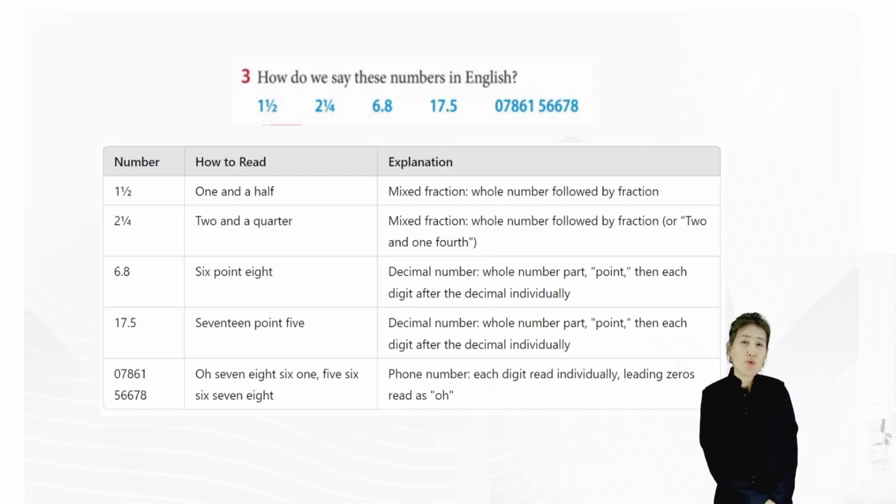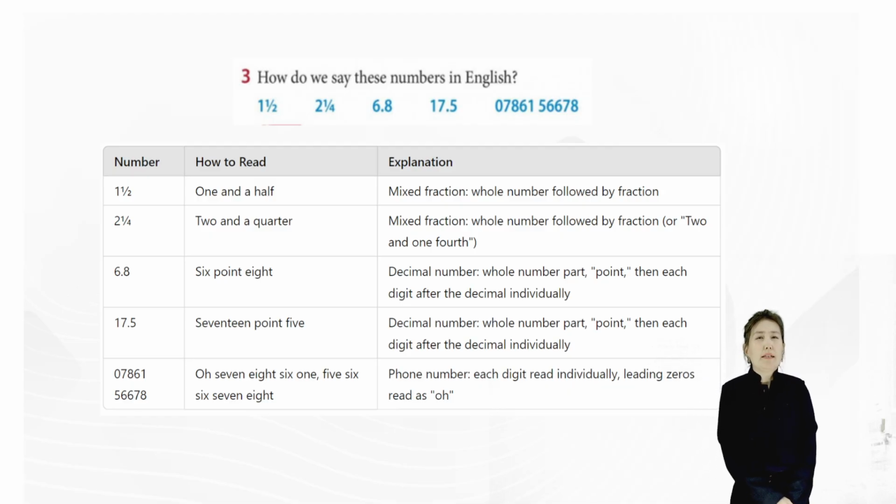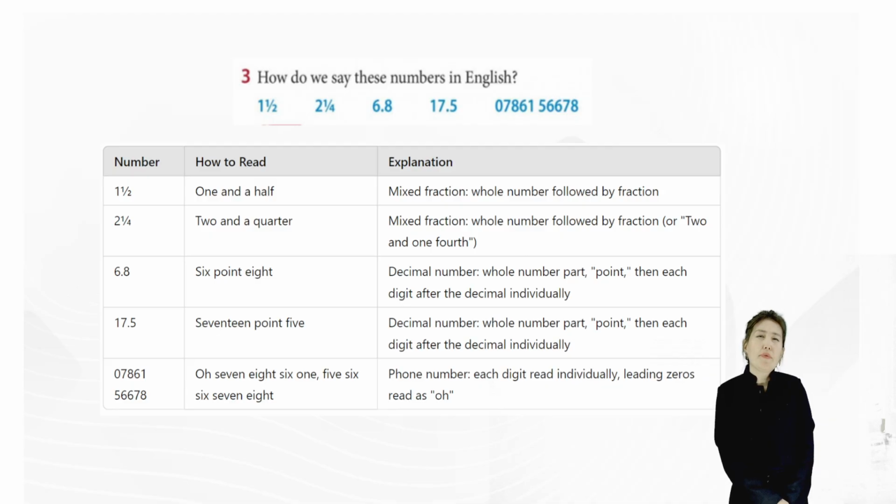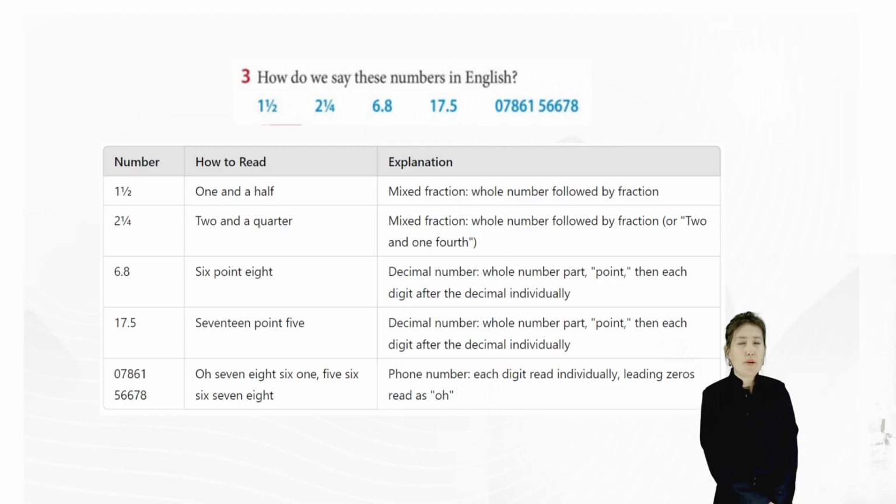6.8. Explanation. Decimal numbers are read by saying the whole number part, then point, followed by each digit after the decimal individually. 17.5. Explanation.